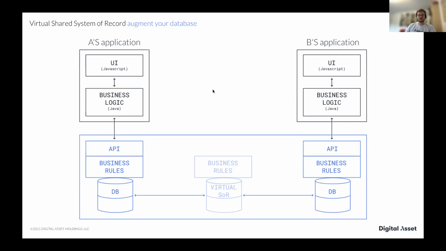And what we're proposing is that you enhance the database with a virtual shared system of record. So you keep building your application using your favorite technologies like Java or JavaScript, but instead of directly talking to a database, you talk to the API of a virtual shared system of record.